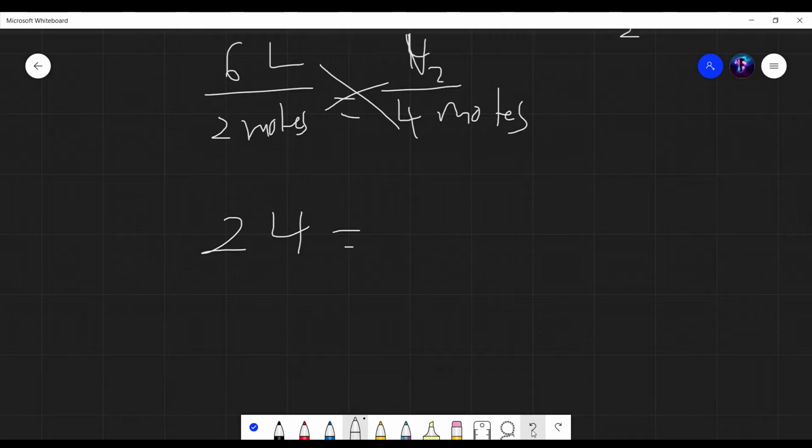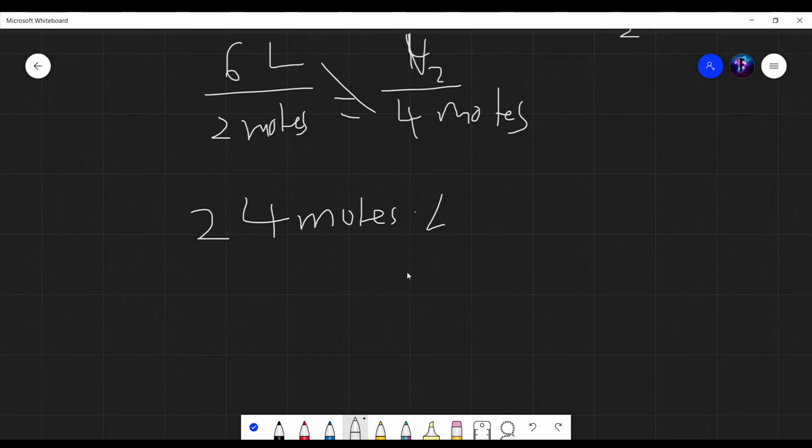Wait, just give me a second. Cross multiply 24 moles times liters. Wait, I could be wrong. It could be 24 liters times moles, but I'm pretty sure it's 24 moles times liters.